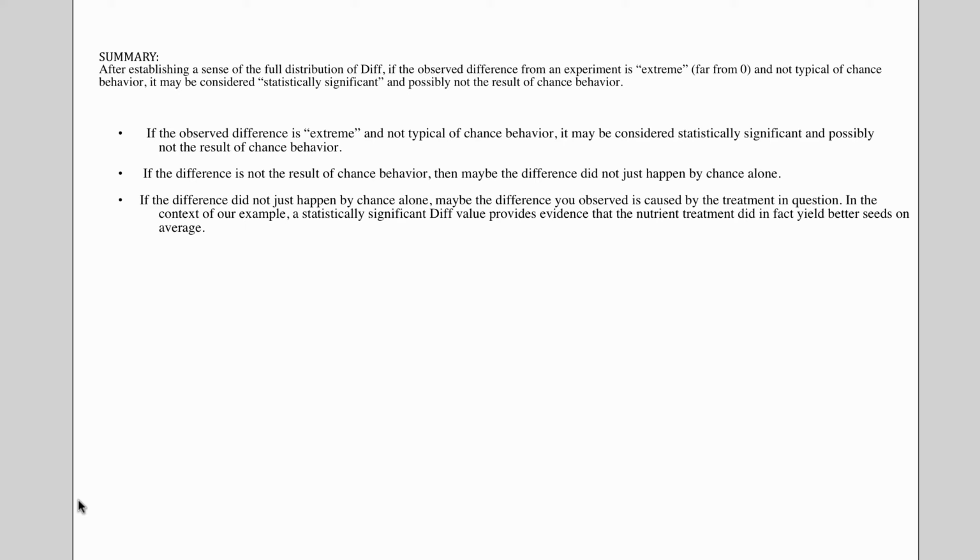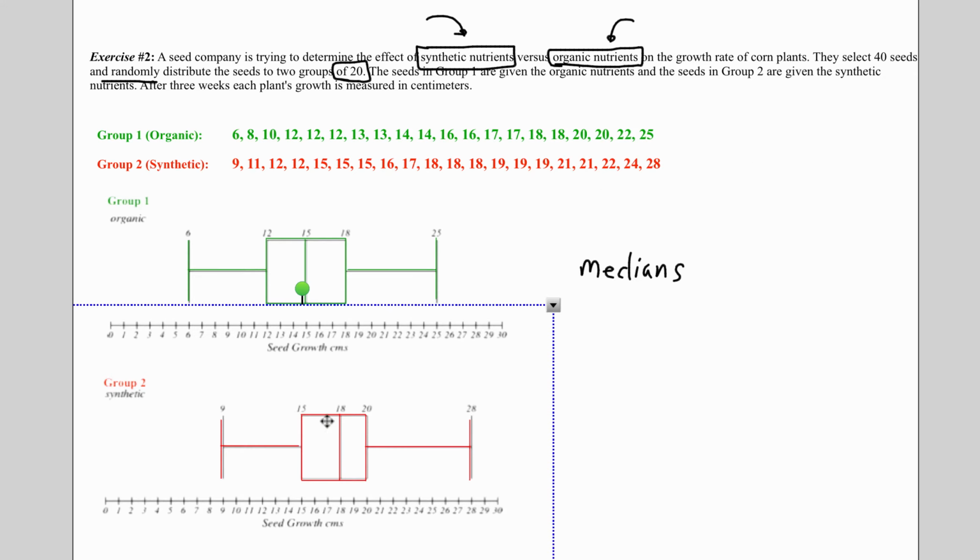So, what are we getting at? After establishing a sense of the full distribution, if the observed difference of an experiment is extreme, far from zero, and not typical of chance behavior, it may be considered statistically significant and possibly not the result of chance behavior. So, in other words, let's go back here.